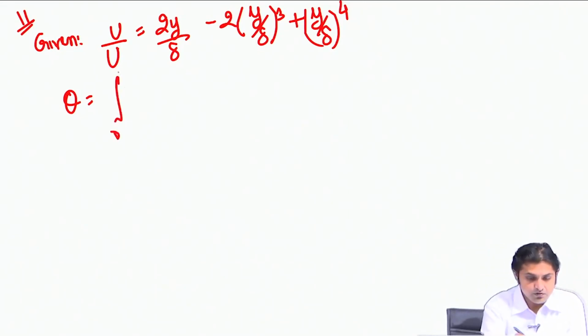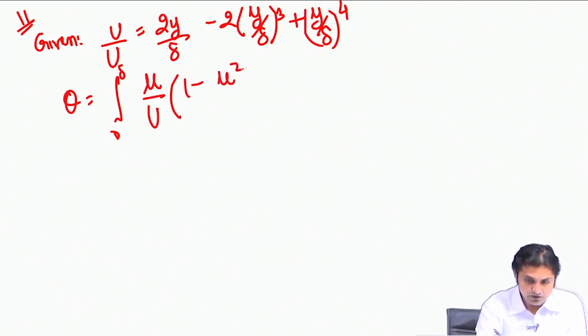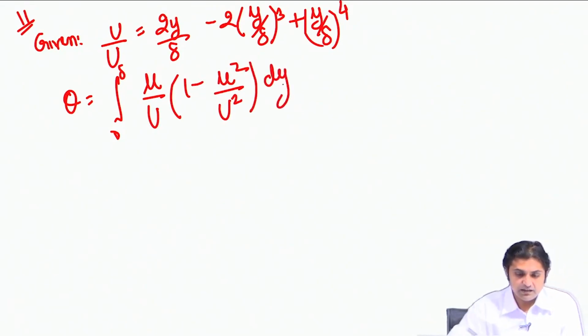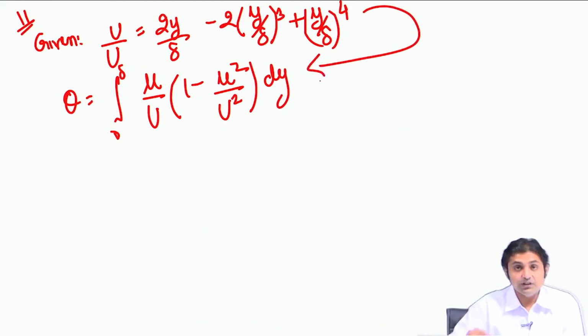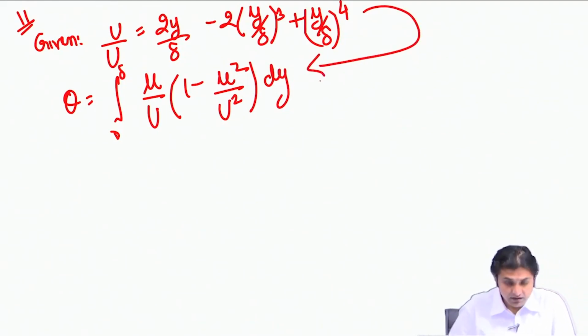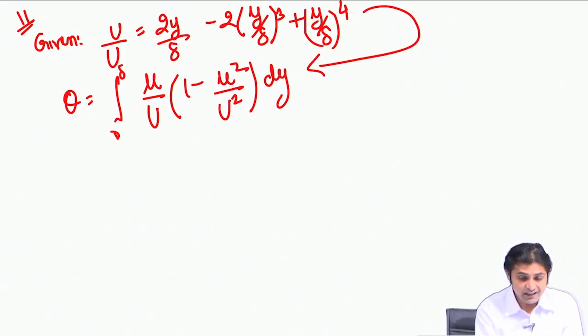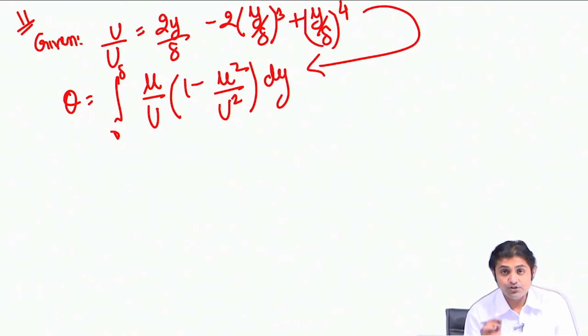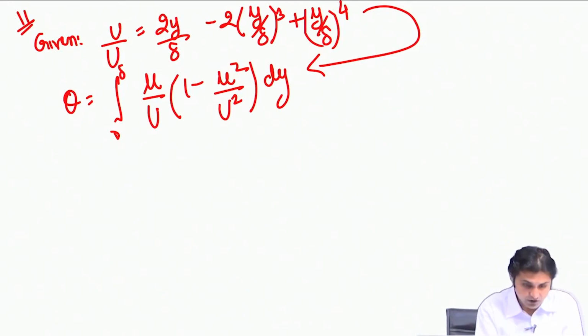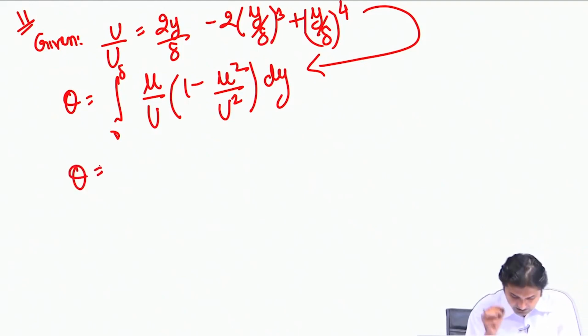So it's integral from 0 to delta of u by capital U into 1 minus u square by capital U square dy. Okay, so this profile you substitute in this equation. Okay, and after substituting you integrate with respect to y varying from 0 to delta.